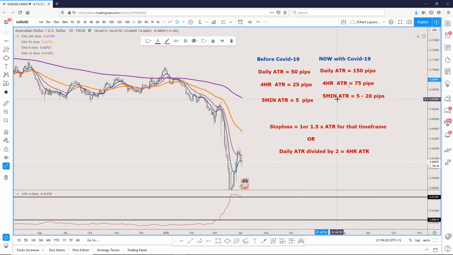On the 5-minute, before, a 5 pip stop loss was great, but now it ranges between 5 and 20 pips.